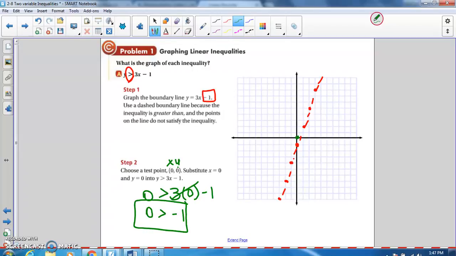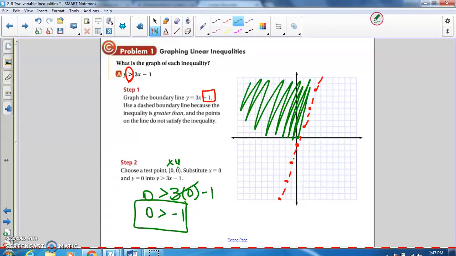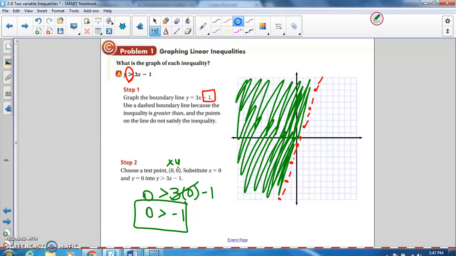Since this statement is true, 0 is greater than -1, we are going to shade the region of the graph where the test point lies. Since (0, 0) lies on this side, we are going to shade this part of our solution. And we have now graphed a two variable inequality.